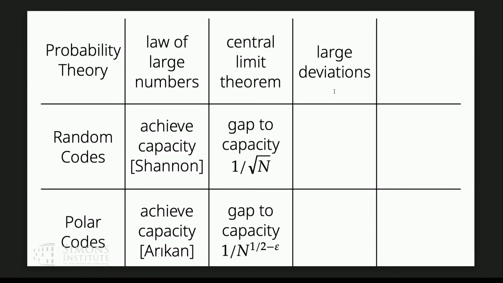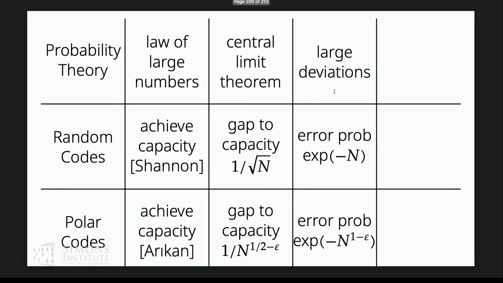There is another column that says large deviations. Large deviations are like Hoeffding inequalities, but there are other inequalities. Large deviations correspond to, in random coding theory, the error exponent. So the error exponent is a positive exponent. What does it build on? It builds on the fact that the error is almost always exponential decay in n. And in polar code, we can achieve a similar thing.